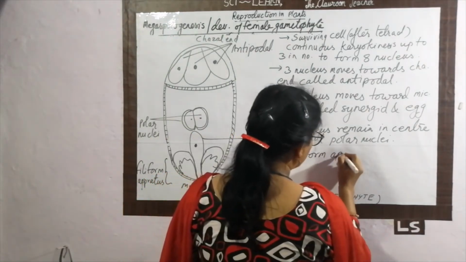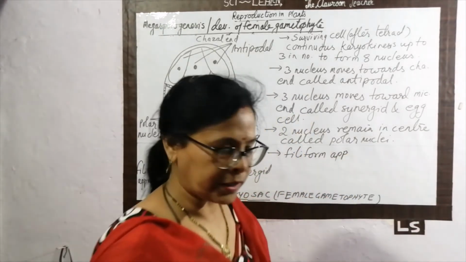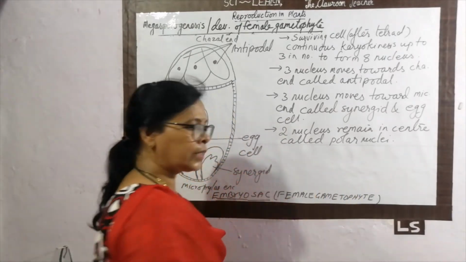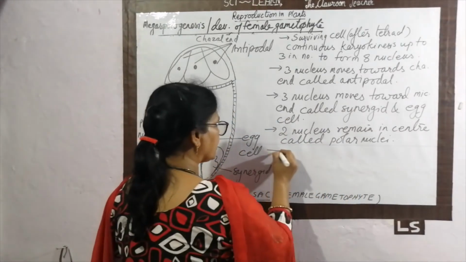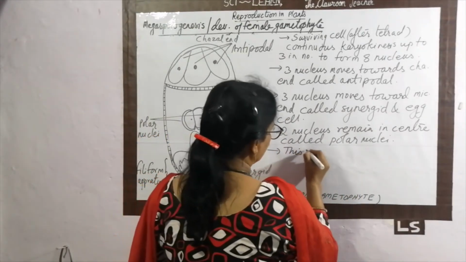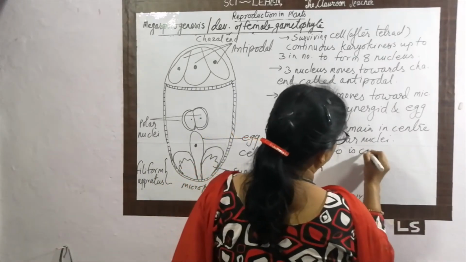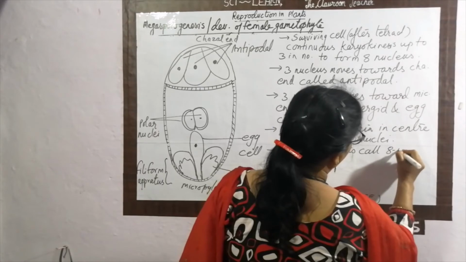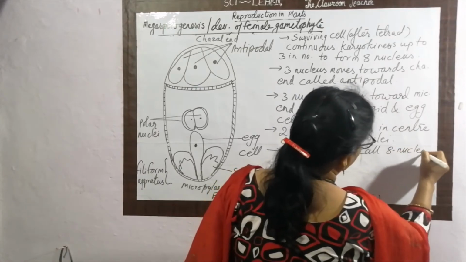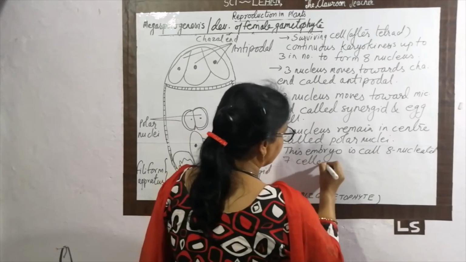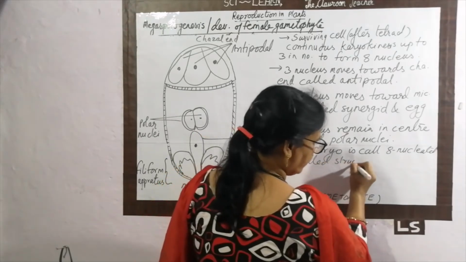Filiform apparatus is present. Okay, before writing about the filiform apparatus, you must write the condition of the embryo. This embryo is called an 8 nucleated, 7-cell structure.